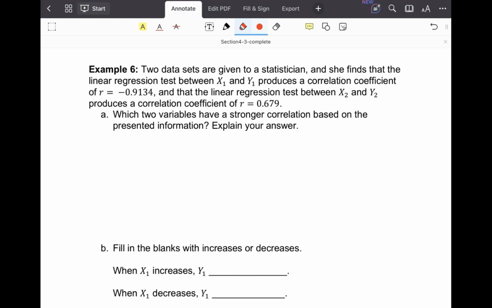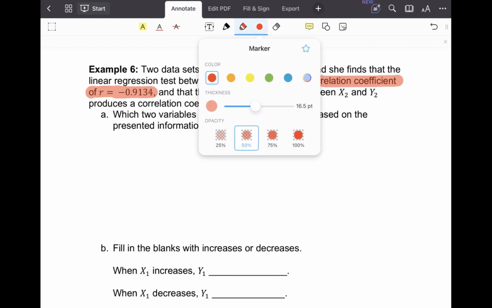Two data sets are given to a statistician, and she finds that the linear regression between the variables x1 and y1 produces a correlation coefficient of negative 91.34%.